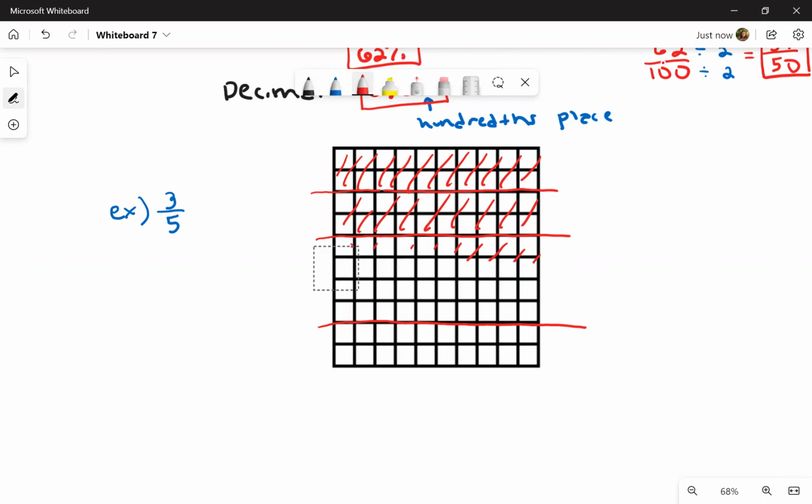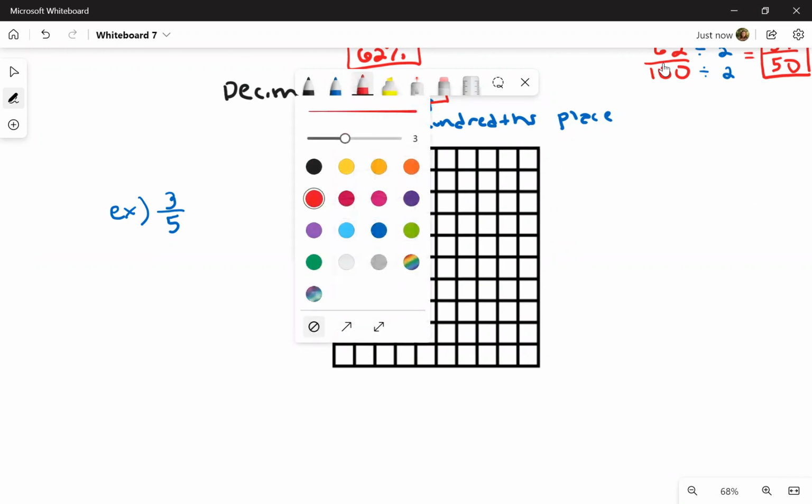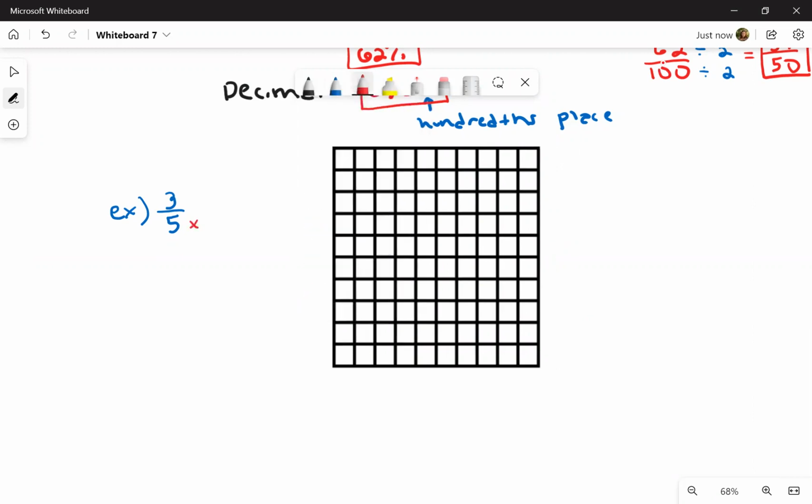There's another way of thinking of it. I could have taken the 3/5 and multiplied the 5 by 20. And the reason is that would give me 100. So 3/5 is equivalent to 60 out of 100. And then I'm like, cool, now I just need to shade 60 of them.